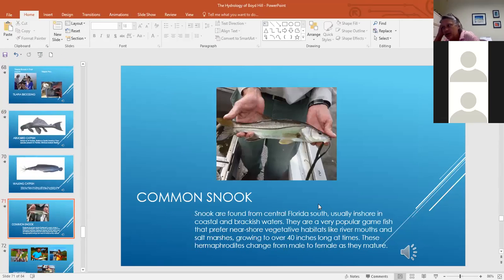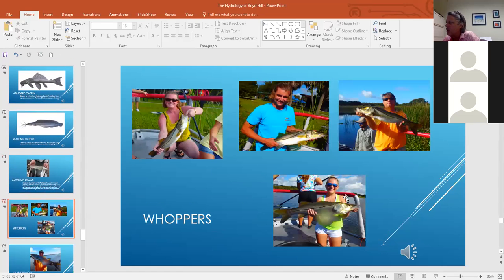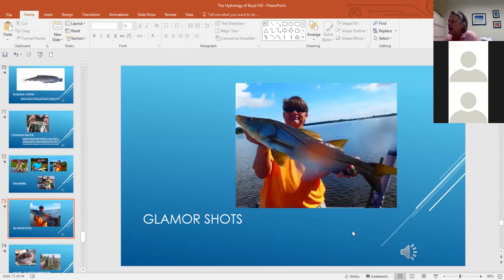The common snook is fairly common here in the state. It's a sought after game fish. It's also found at Lake Magloire. And here's a whole bunch of snook that we caught in our study. And this is the biggest one we found in Lake Magloire. Granted, we didn't necessarily see all of them, but this was the largest one that we tagged.